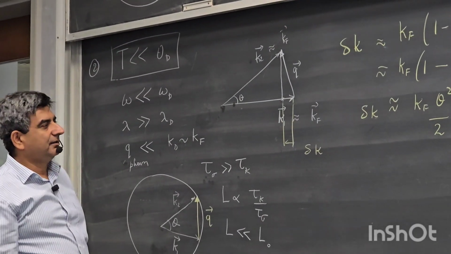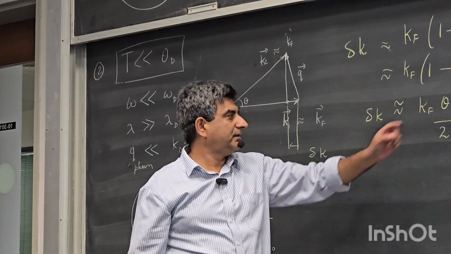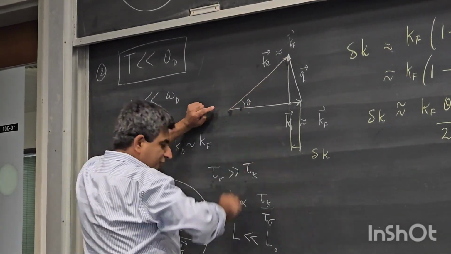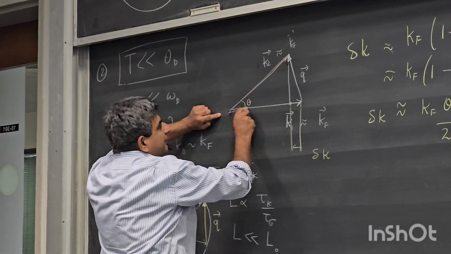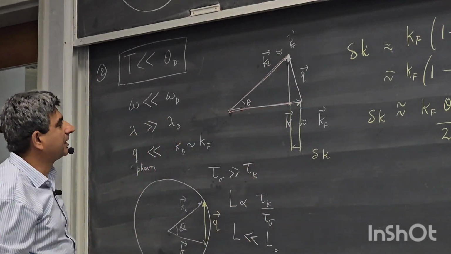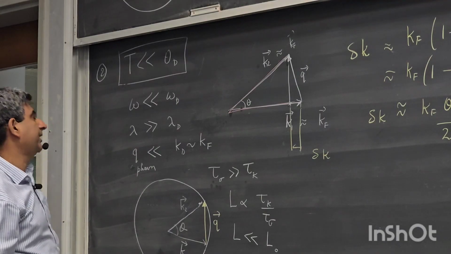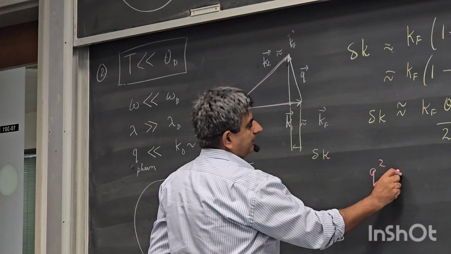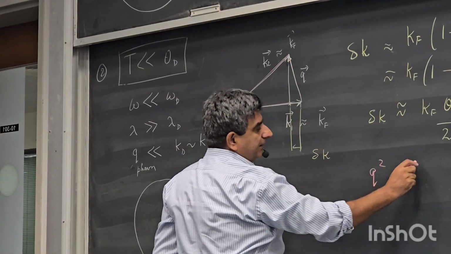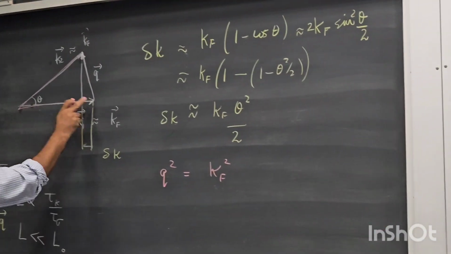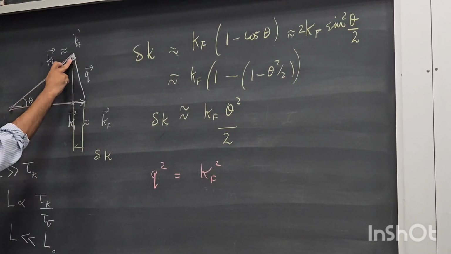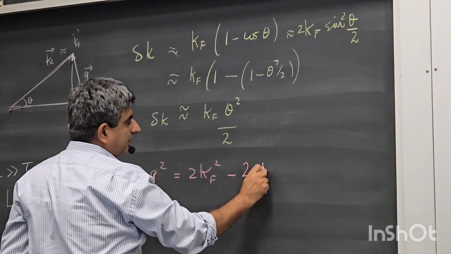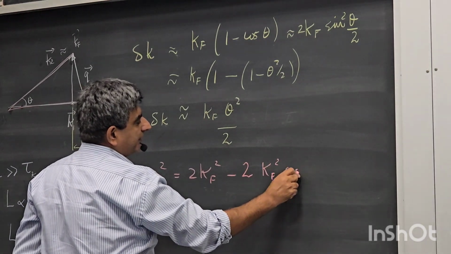All right. Now I can also express this in terms of the momentum of the phonon. If I look at this large triangle over here, I do know from the cosine law that this length q square is kf square plus kf square, 2kf square, minus 2kf square cosine theta, right?